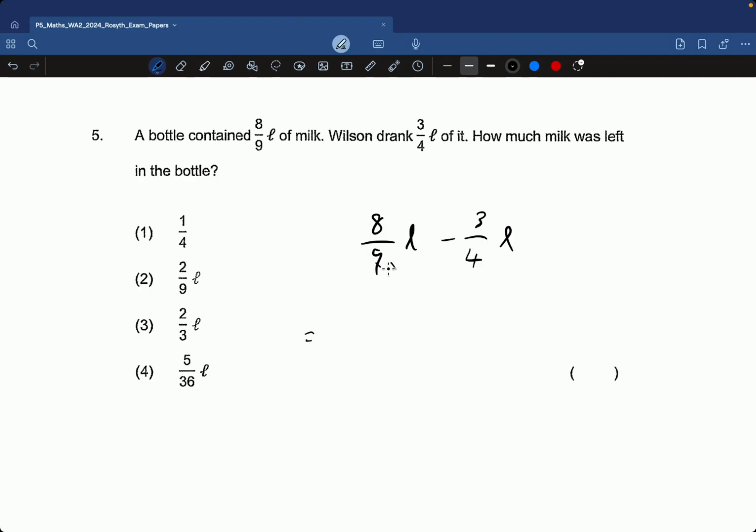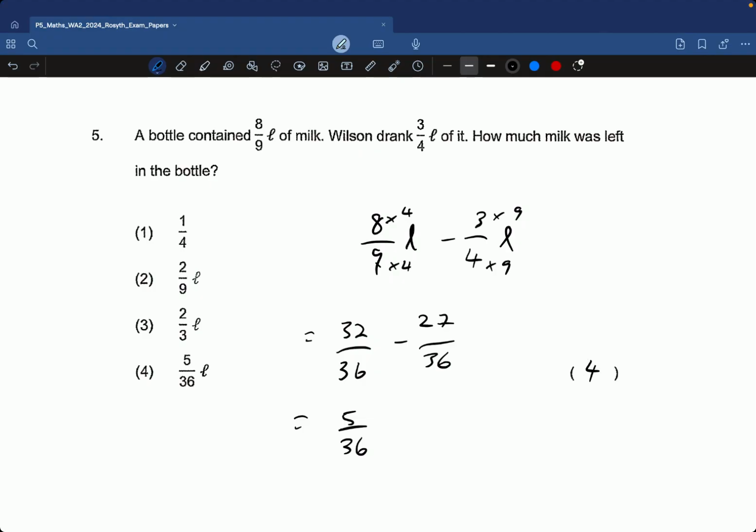So 9 times 4, 8 times 4, 4 times 9, 3 times 9. So 8 times 4 is 32 out of 36 minus 27 out of 36. Now 32 minus 27 is 5 over 36. And that's the answer.